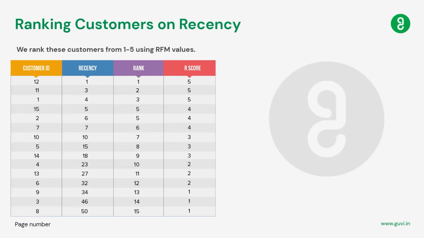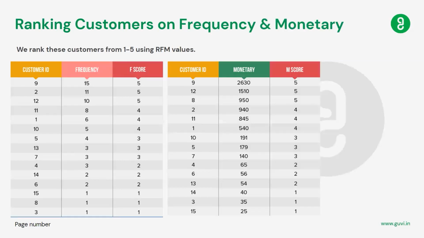had the third rank, and according to the R score, he was given a 5. Similarly, for frequency, he was at the 5th position and given a score of 4 on the basis of his 20th percentile score.